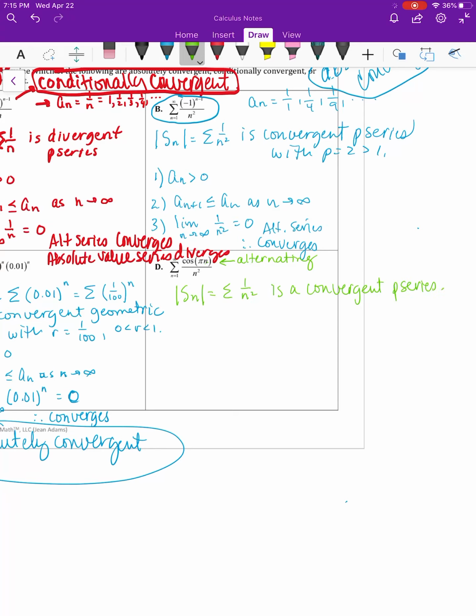So this is what makes it alternate. This is your alternating piece. When you take the absolute value, you only have the summation of 1 over n squared. So this is a convergent p-series with p equals 2, so p is greater than 1, therefore it's convergent.